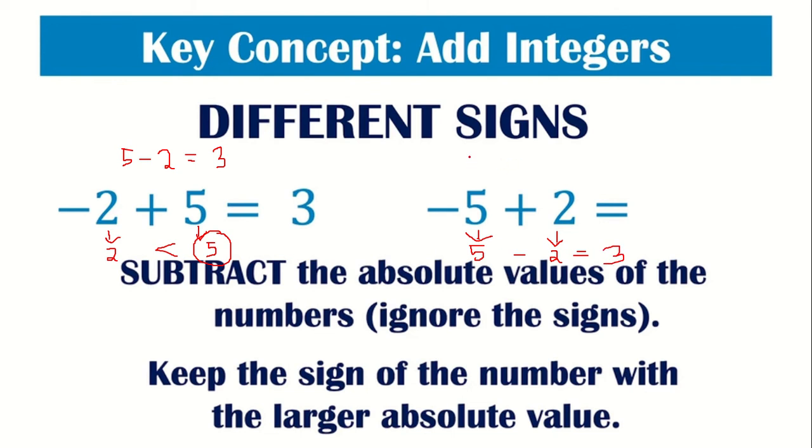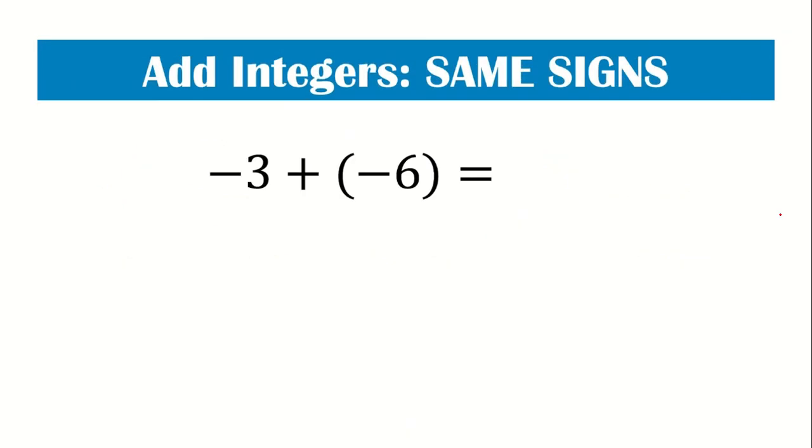But 5 is greater than 2, so that means you have to follow the sign of the 5, which is originally a negative 5. So you just have to write 3 and then add the negative sign. So the final answer is negative 3. Let's try some examples.